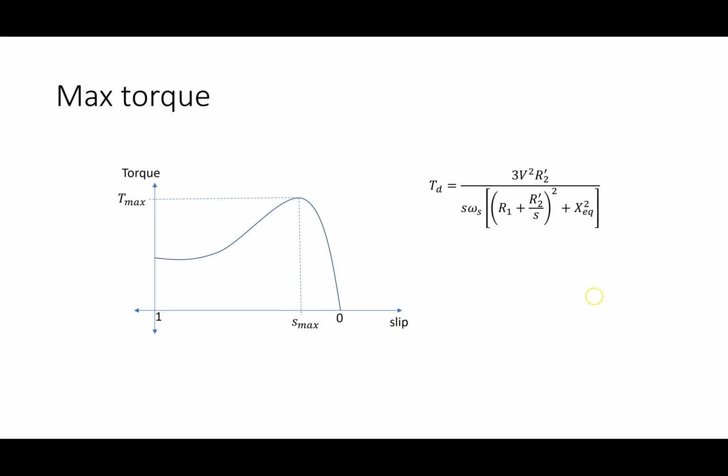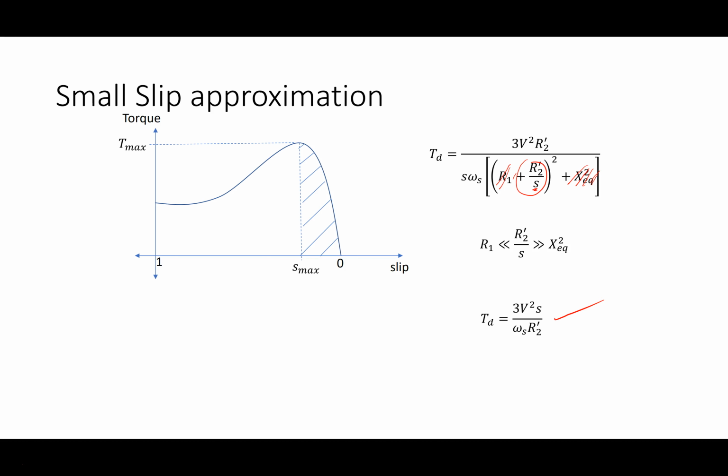That one, we don't have anything like starting torque to consider, so it is just a simplified equation that you could use once you're on this part of the characteristic, which is the operating, the full load side. This is where you'd usually be when the machine is in operation at rated values.